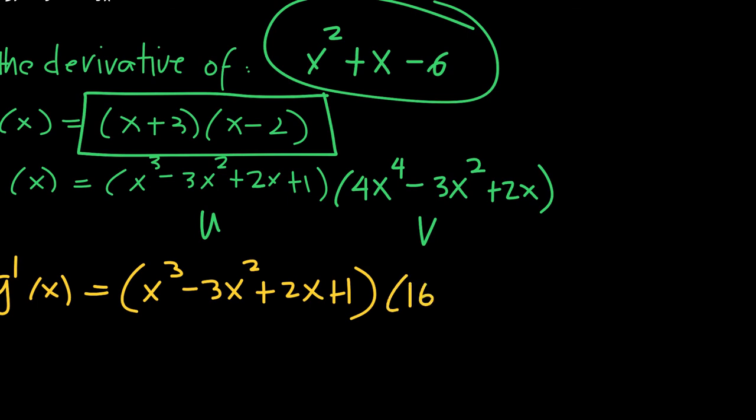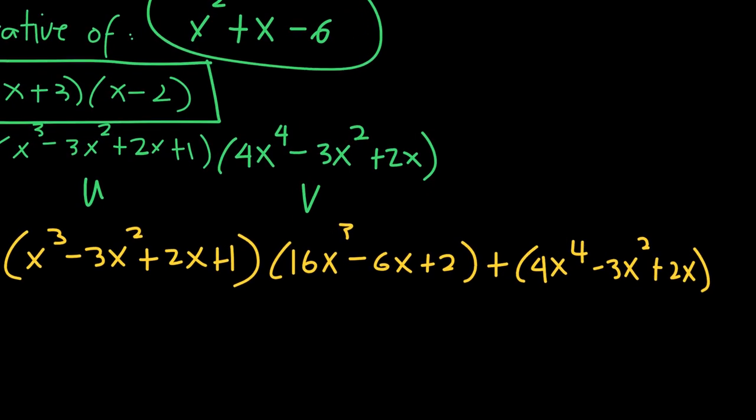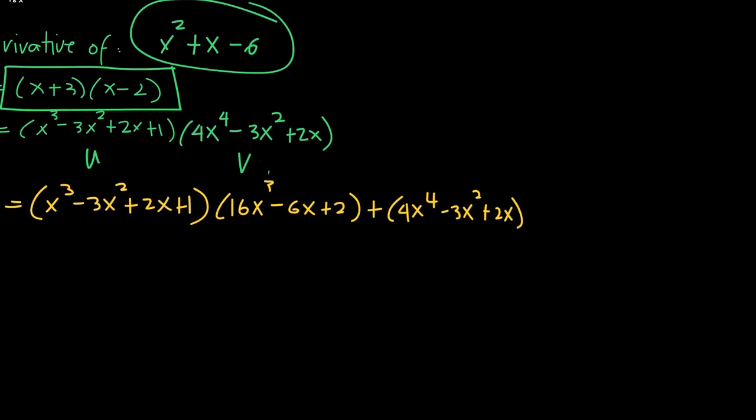We have 16x cubed minus 6x plus 2, and then add the v, copy the v, you have 4x to the fourth minus 3x squared plus 2x, and then multiply it with the derivative of the u, which is equal to 3x squared minus 6x plus 2.